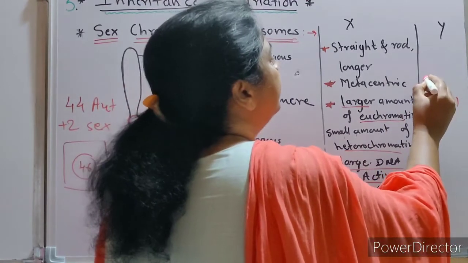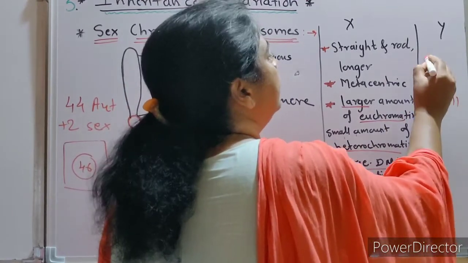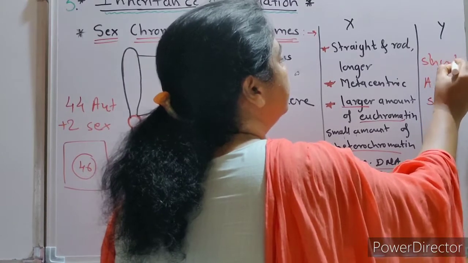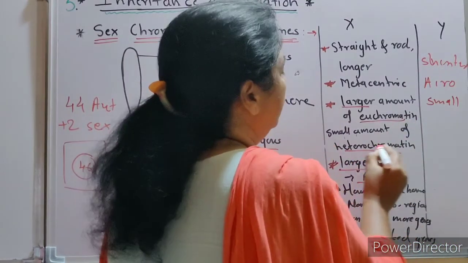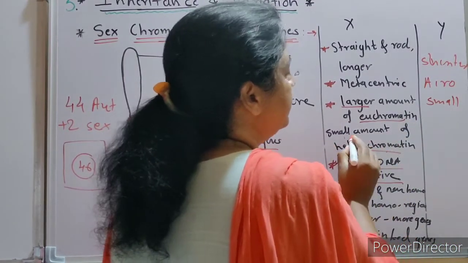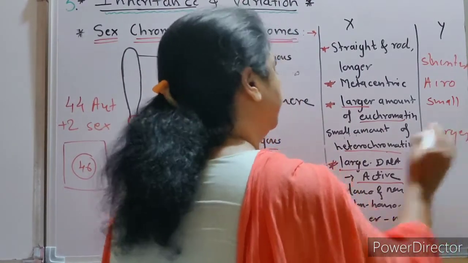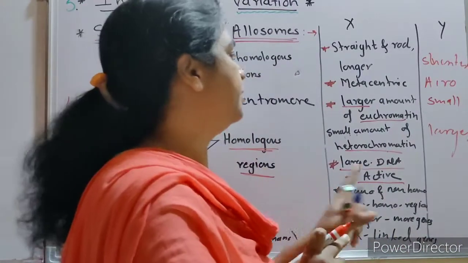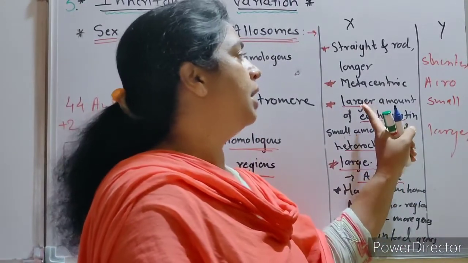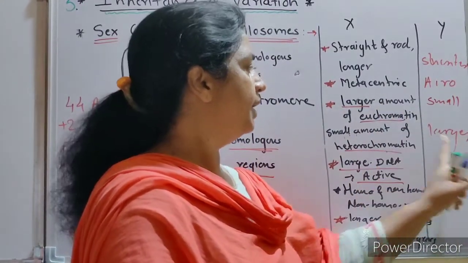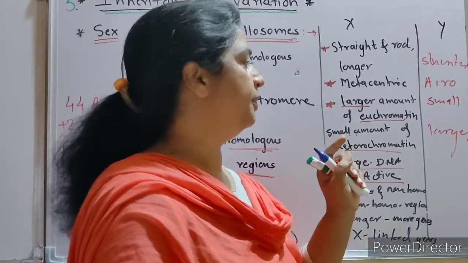Here the Y is metacentric, acrocentric, this shorter, right? And here the heterochromatin is small in X, larger in Y. This is the opposite, a difference. Here a small amount of euchromatin and a larger amount of heterochromatin.